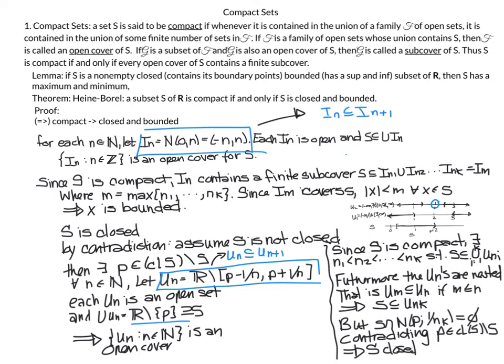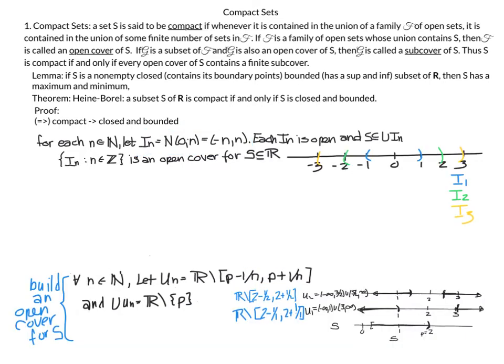Similarly for U_n. I'll talk a little bit about these open covers and then we'll go through the proof. Our first open cover is for S, a subset of R, and we're going to denote it with I_n, which is the neighborhood of 0 with a radius n. So in other words, it's the open interval from negative n to n.